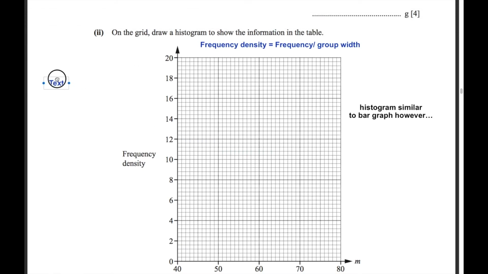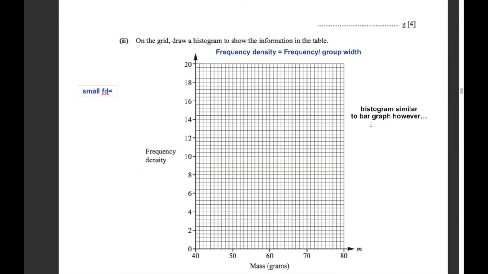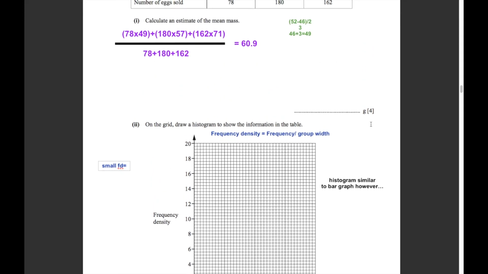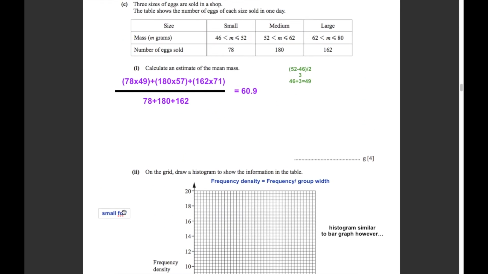So let's find the small frequency density. So the frequency was 78. So let me just zoom out so we don't have to go up and down every time. So it's equal to 78 divided by the group width, which happens to be 6. So place that in your calculator, gives you 13.